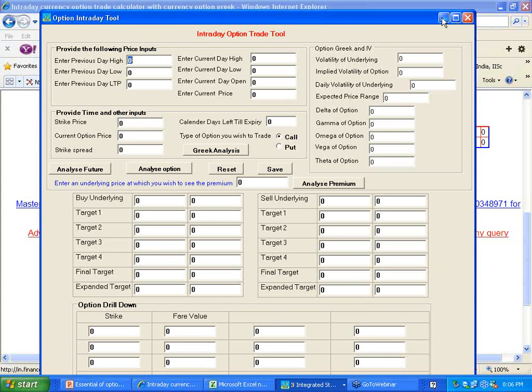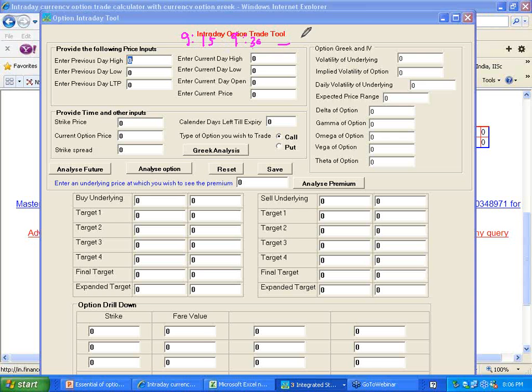Now, the time you are reporting in the market: if you are early in the morning, then you should take the previous day's high, low and last traded price. At least a 15-minute gap you have to give. So the 9:15 to 9:30 time frame, you have to give at least, for the market to settle down at a particular price, or the price of the underlying asset must settle down to a specific level.